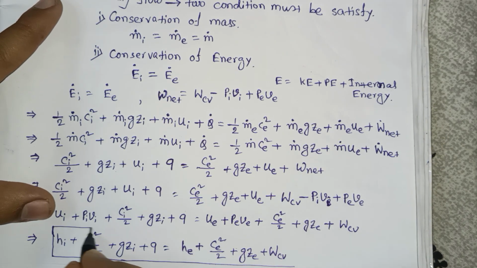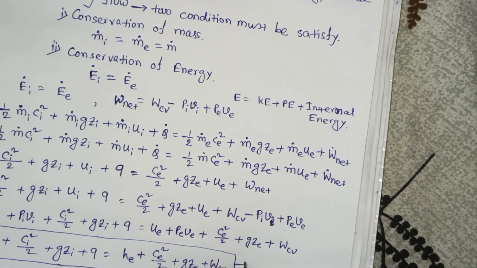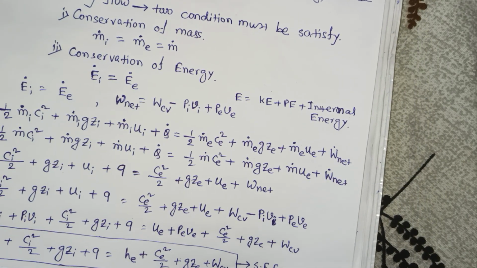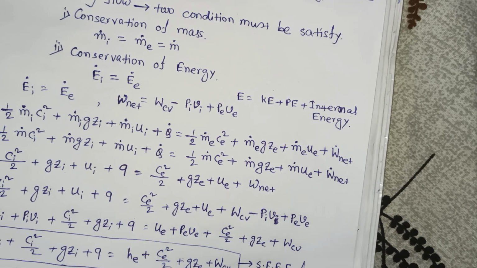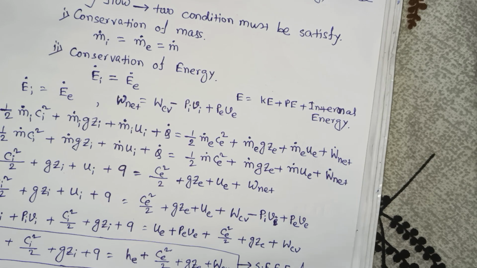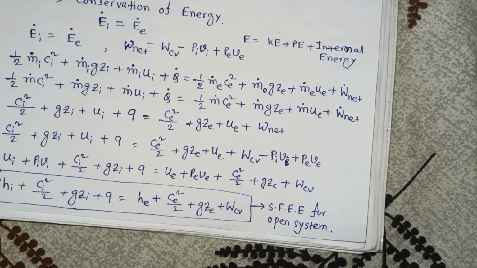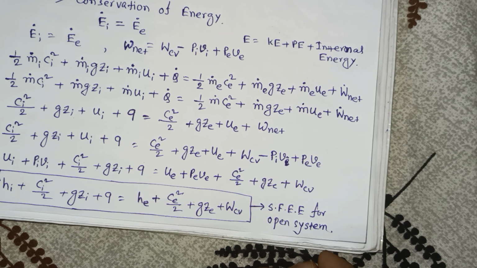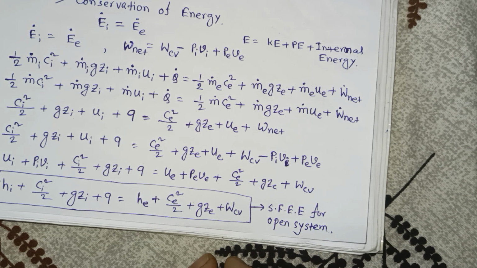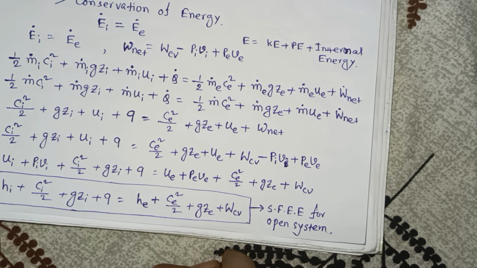Examples of steady flow are turbine, compressor, pump, nozzle, diffuser, boiler, condenser, and throttling. These are examples of steady flow.